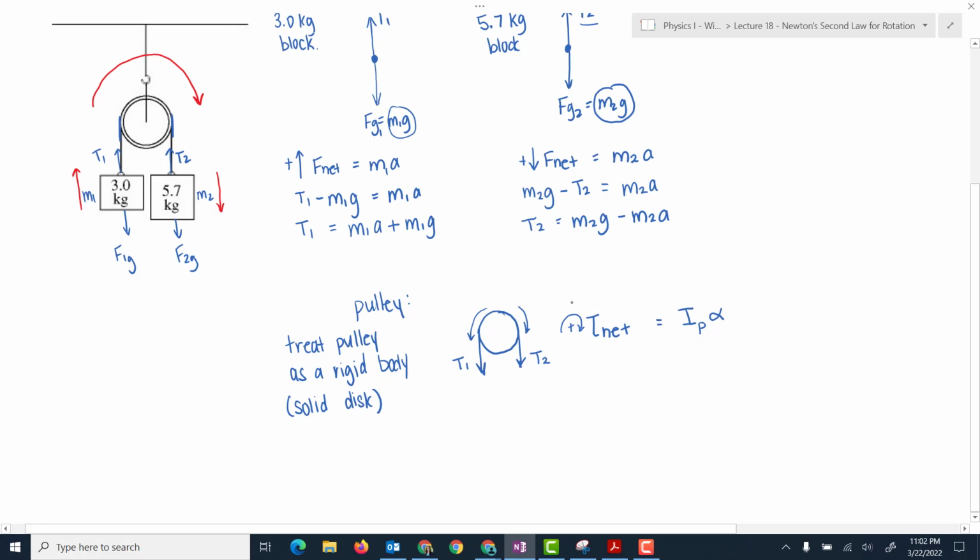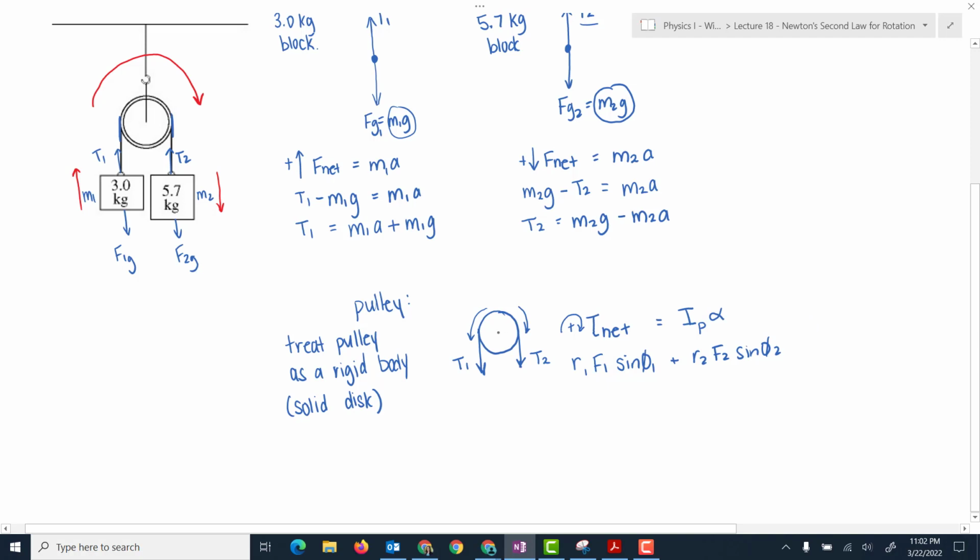Okay, so now let's find our net torque. Remember, it's R1 F1 sine of the angle 1 plus R2 F2 sine of the angle 2, and all of that is equal to I times alpha. The I value is the moment of inertia of this disk.